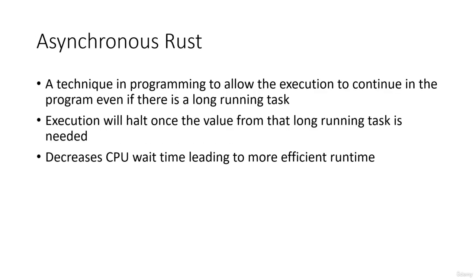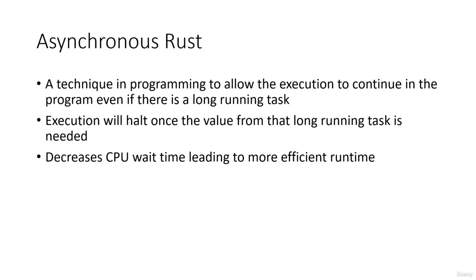And then lastly, we're going to talk about asynchronous Rust. This is a technique in programming to allow the execution to continue in a program even if there is a long-running task. Execution will halt once the value from that long-running task is needed. What I mean by this is, say we kick off a function that's going to take 1 minute to run.